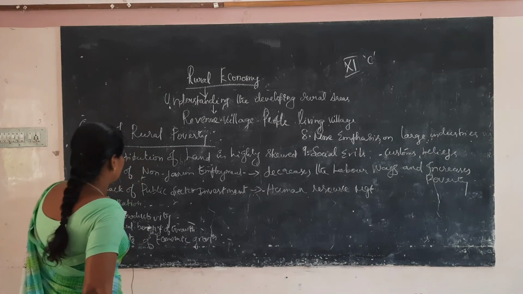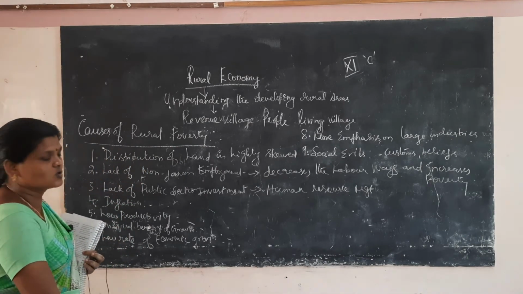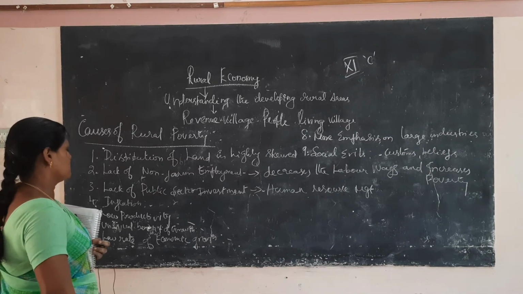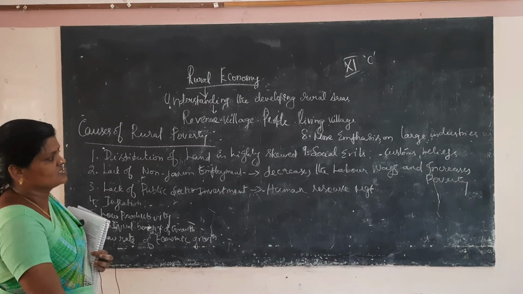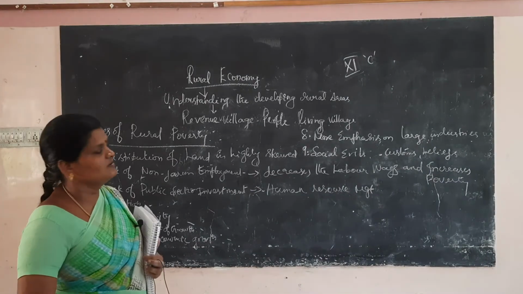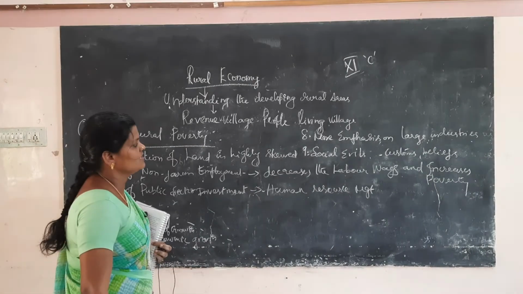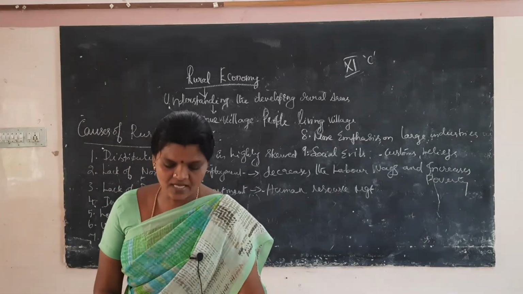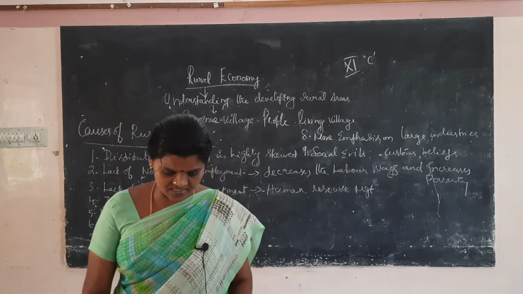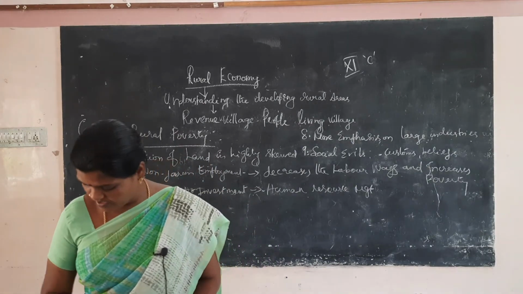Next one is low productivity, unequal benefit of growth, then low rate of economic growth. Eighth one is more emphasis on large industries. Ninth one is social evils. Customs and beliefs increase unproductive expenditure. Next one is remedial measures to rural poverty.